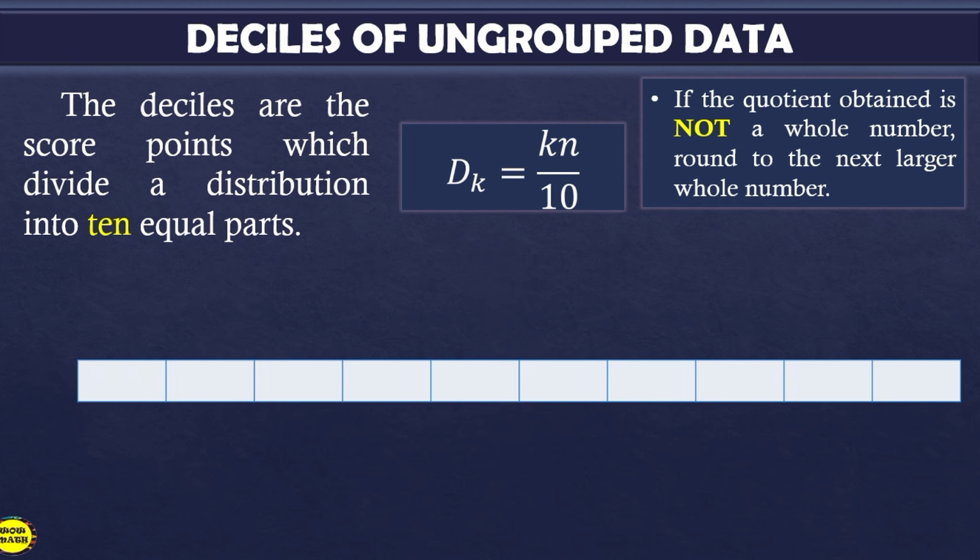So, to illustrate the deciles, halimbawa meron tayong 10 distribution dito. Yung kalahati niyan, yung middle value nyo, that is the 5th decile, and that is 50% of the distribution. Dito matatagpuan nyo yung first decile, and that is 10% of the distribution.